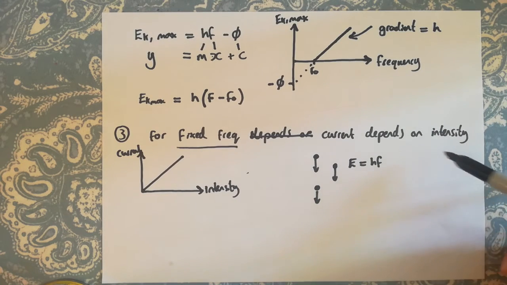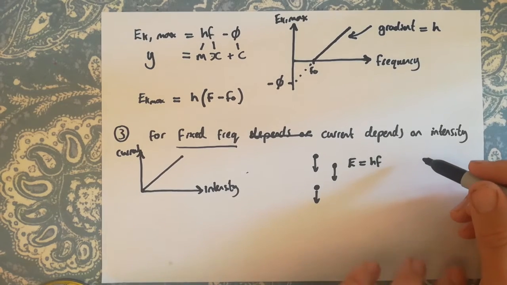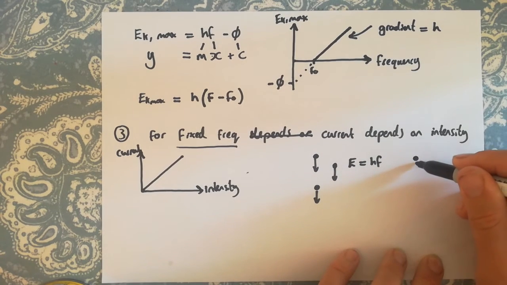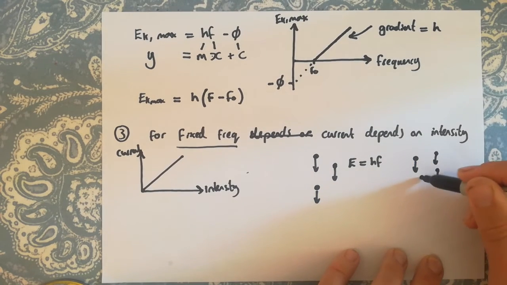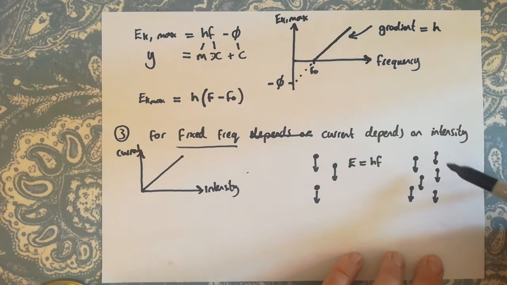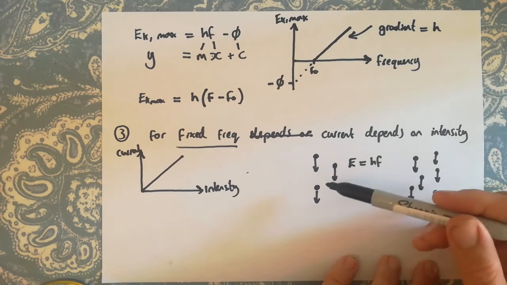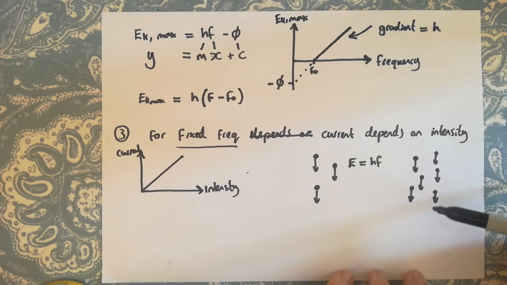So if I want to double the intensity of this light, thinking about the photon model, each photon still has the same amount of energy, but what I must have done is increase the flux of the photons. If I double the intensity of the light, I'm doubling the number of photons per second per unit area.